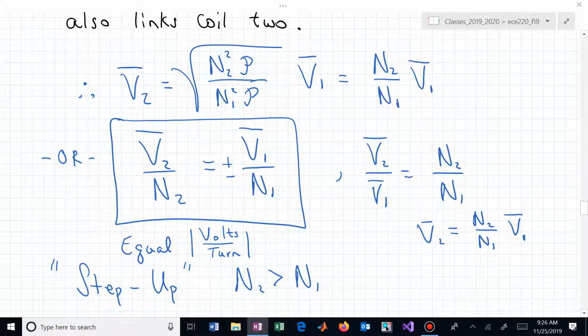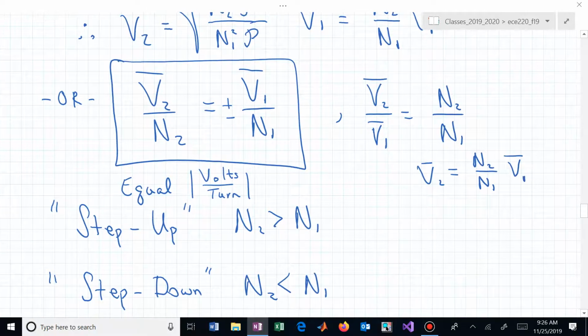That's the turns ratio relationship for these voltages on the primary side and secondary side. If we wanted our transformer to step up the voltage from the primary to the secondary, we would want more turns on the secondary side. N2 would need to be bigger than N1.